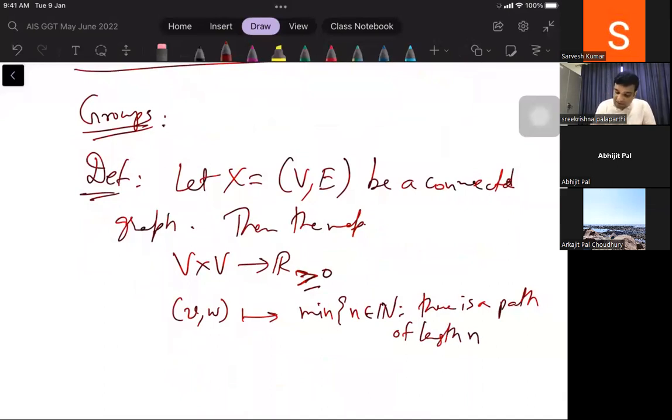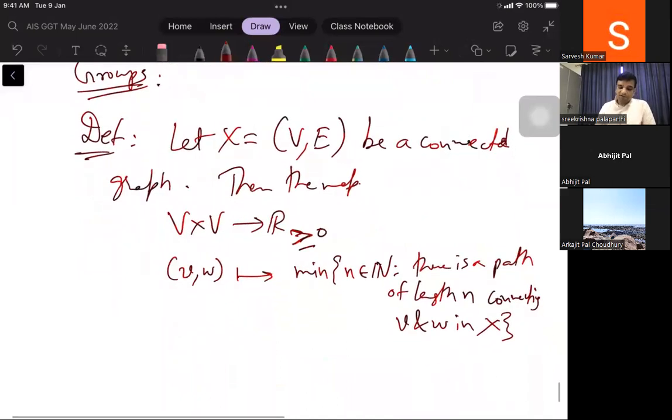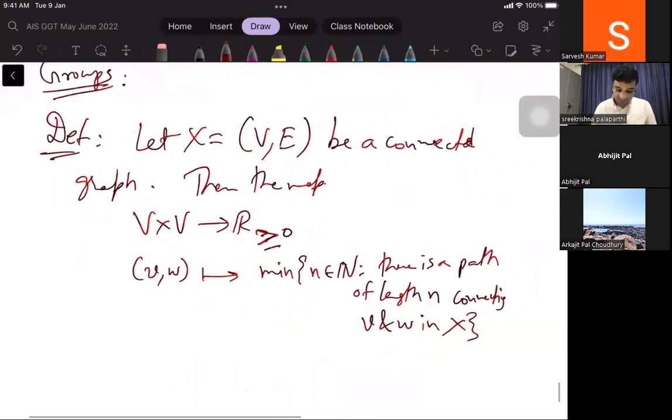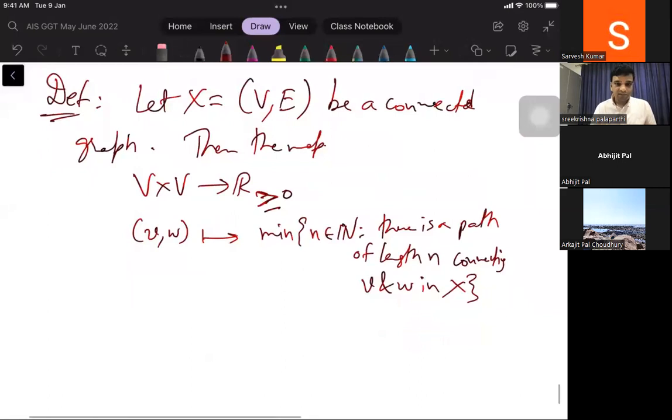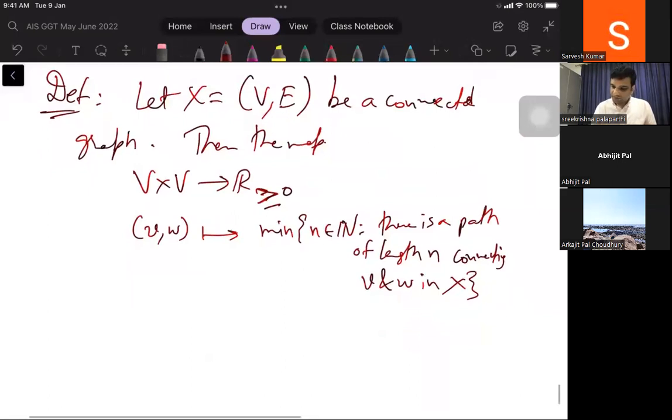So the minimum of all such n will be your distance.